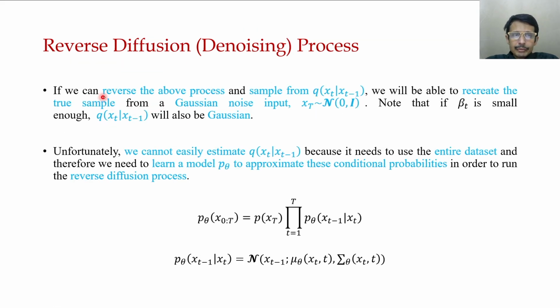Now if we can reverse the above process, that means the forward diffusion or noising process, and sample from q xt given xt minus 1, we will be able to recreate the true sample from the Gaussian noise input.